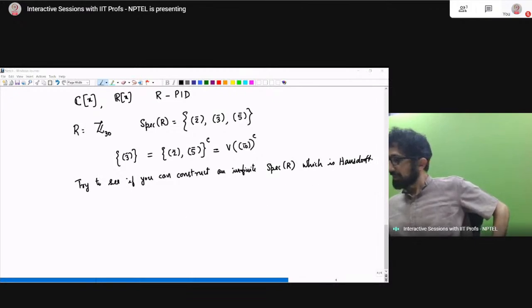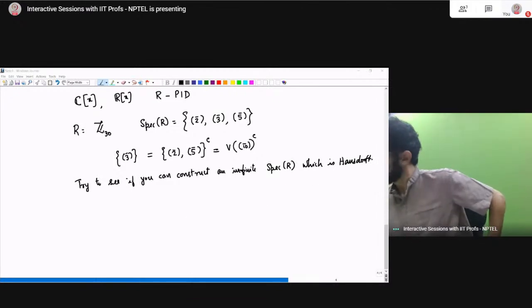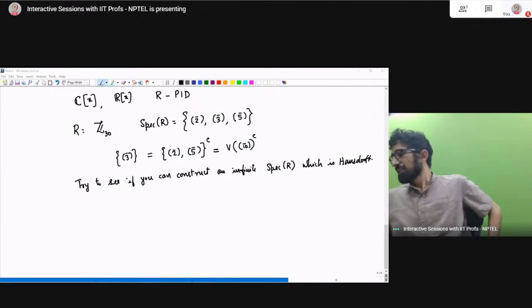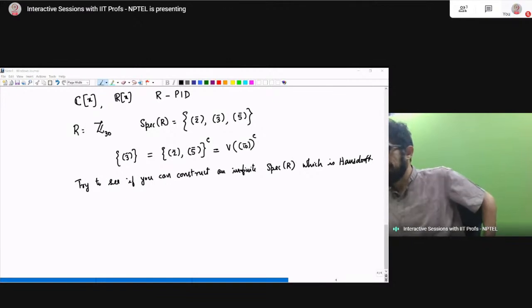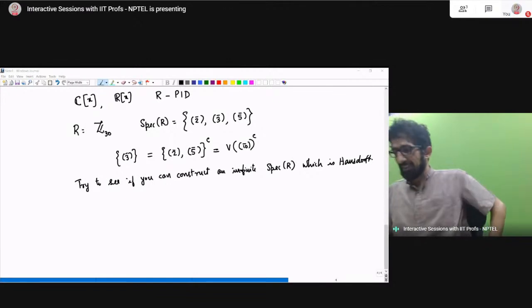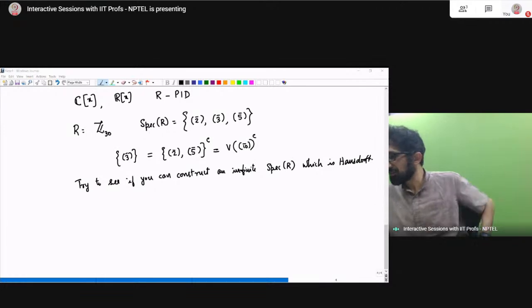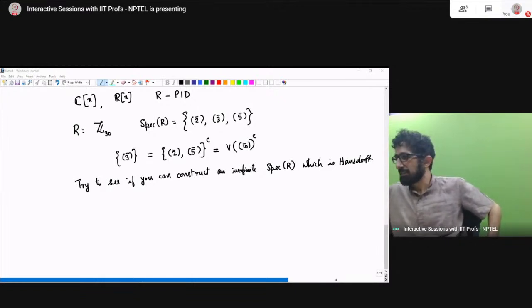Okay. So now let me get to the next question. How to draw a picture of Spec of a ring? So the picture is, you have to represent the prime ideals using graphs, I mean, say curves.